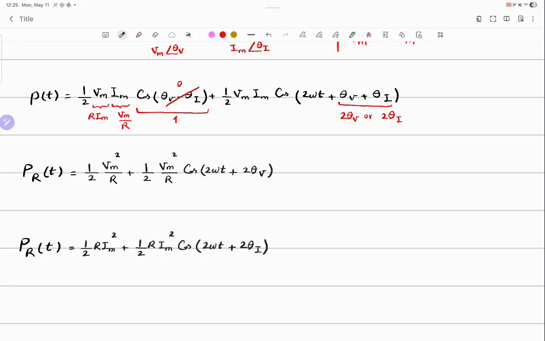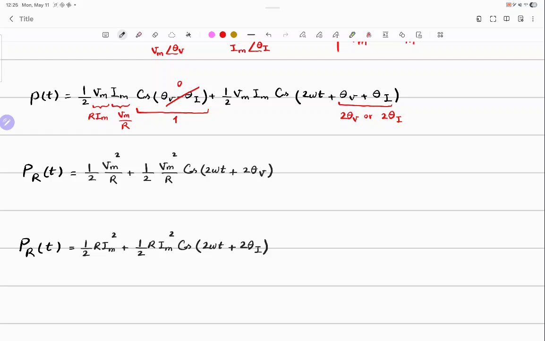These two equations are completely valid. Both of them are taken from the general form, and both of them will give you the instantaneous power of resistors. Now, why did I write it in two forms? What's the difference? Perfect.